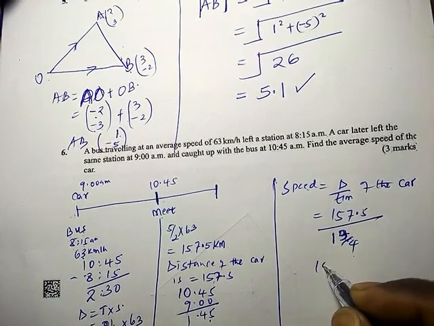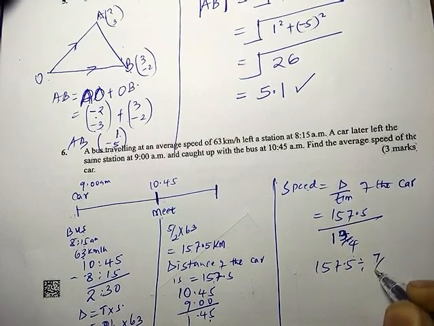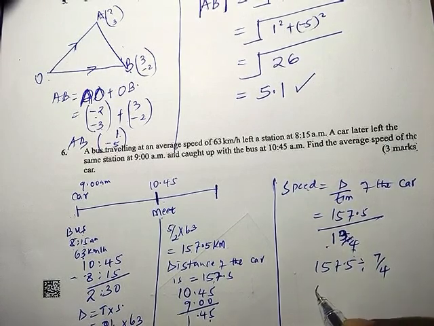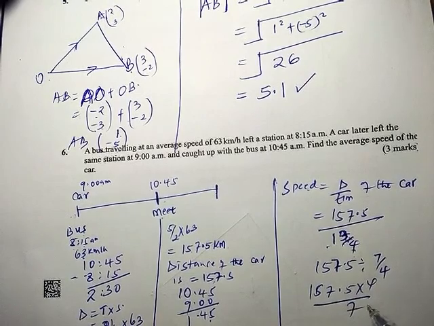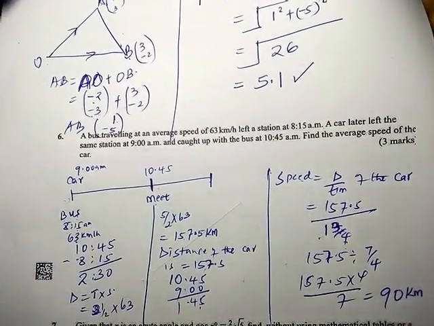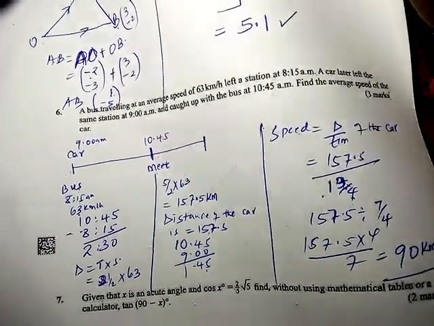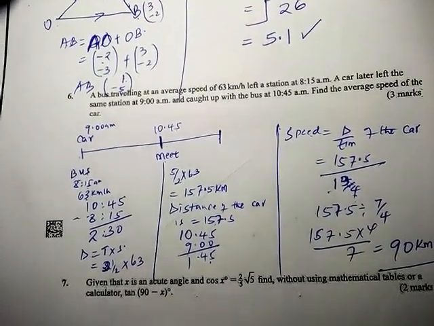So this is 157.5 divided by 7/4. This time is 7/4, yes. So this one is going to be 157.5 times 4/7, and this one is going to give us 90 kilometers per hour. That is the speed of the car.